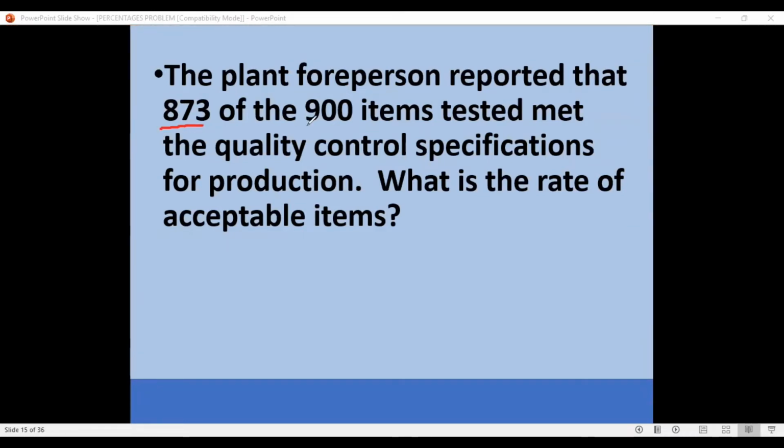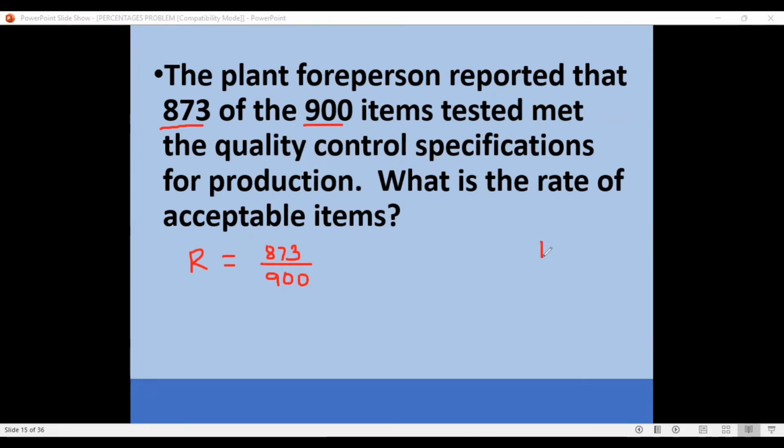There are 873 out of the 900 items tested, which simply means that the rate can be solved by simply having 873 all over 900. So that is what we are going to do. Again, 873 all over 900.